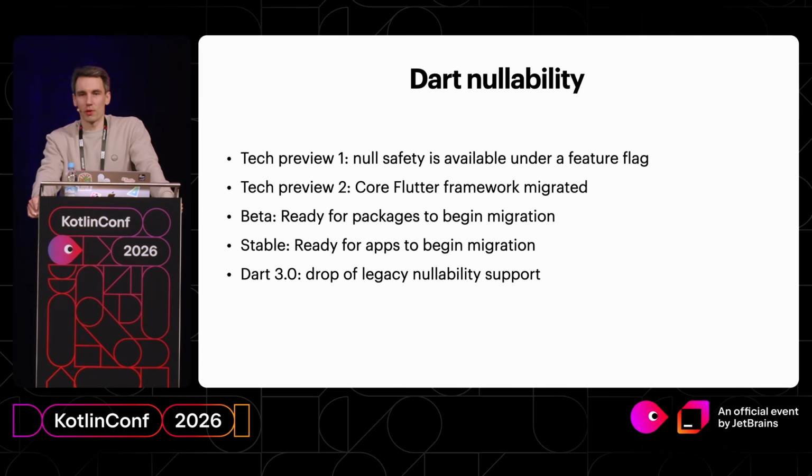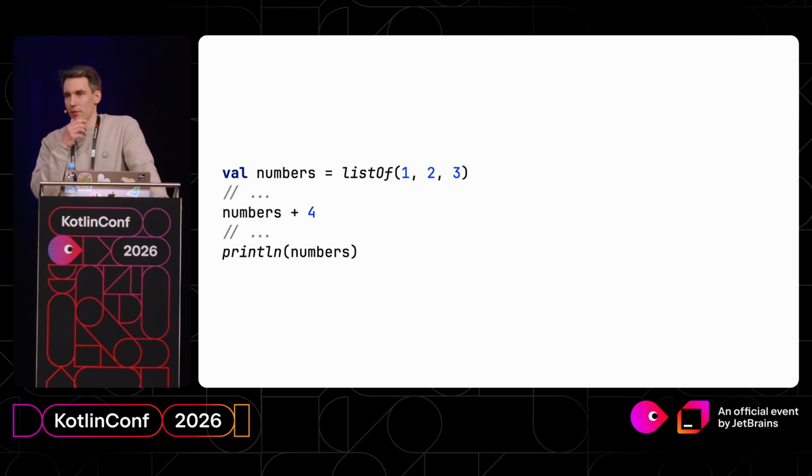You start with your main libraries and frameworks. Then you embrace the community to start migrating their libraries to this new feature. And only then you start migration of applications. And at some point you change the default. It's a good example because if you take a look at our features and other features, they follow more or less the same path.